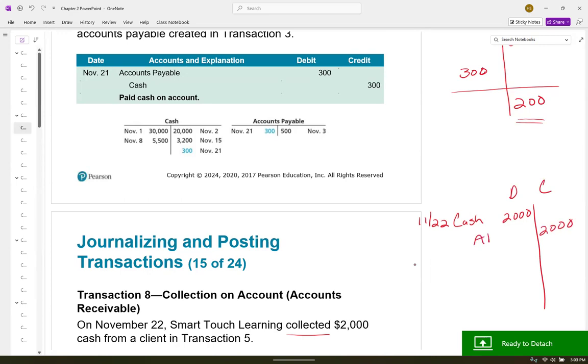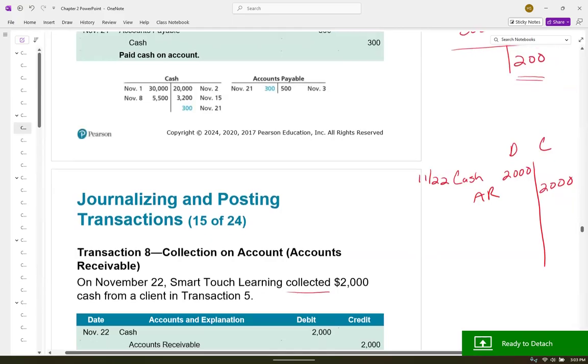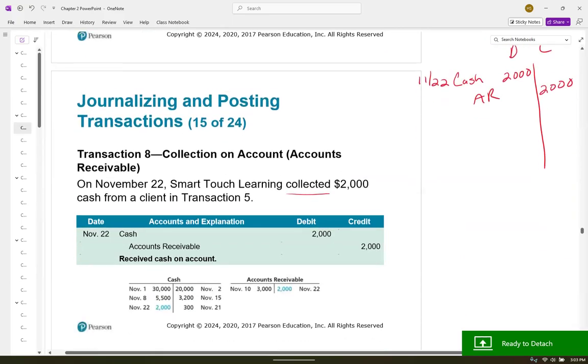That will be accounts receivable because we extended credit to that customer and now they've paid us part of that money. So we have to make sure we mark it and we know how much they've owed us. Okay. So debiting cash because we're increasing it, credit accounts receivable because we're decreasing it.